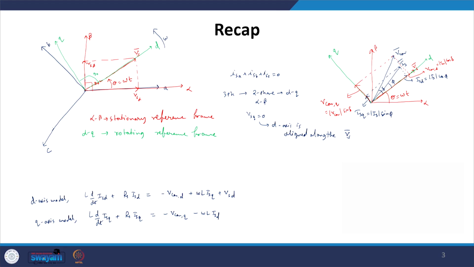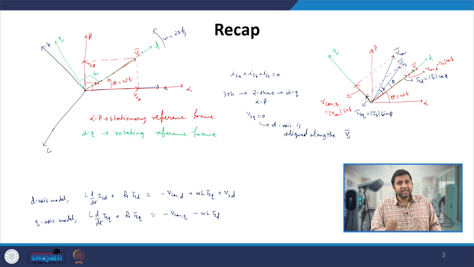The omega corresponds to the line frequency, which is nothing but 2 pi fs, the line frequency we have considered in our system. Since the D axis is aligned along this voltage space vector, the D and Q axes are also rotating with the same speed omega. That is why it is also called the synchronous rotating reference frame, or sometimes simply the rotating reference frame.